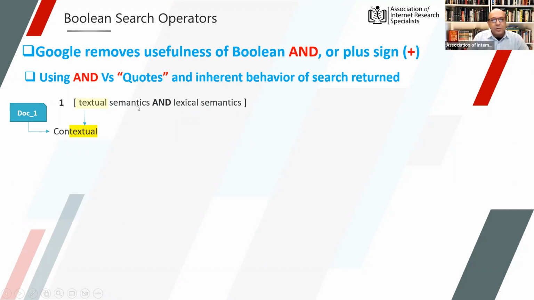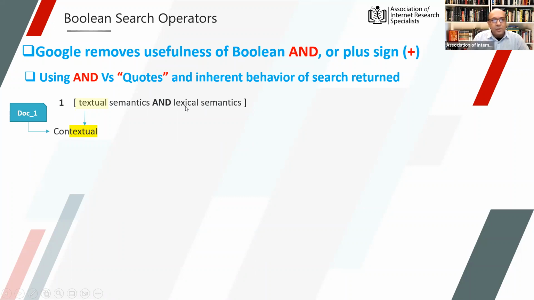And if semantics alone is not as popular and together with the word textual, both are assumed to have the popularity as most search terms, then textual semantics and lexical semantics both will be part of your search results. Here, there is no choice on either side, whatever exists.